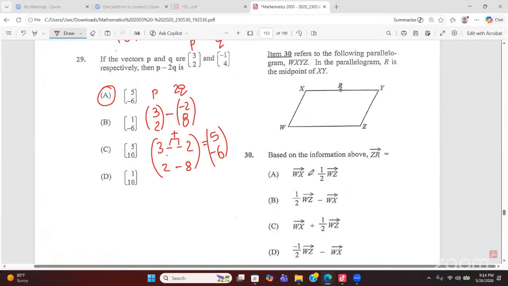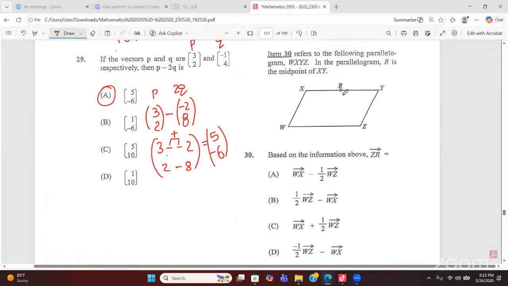So 30 is next. We're in the vector section of the paper. Item 30 refers to the following parallelogram, WXYZ. In the parallelogram, R is the midpoint of XY. All right, so what are they saying now? Based on the information, what is ZR? Where is Z? Where's R?